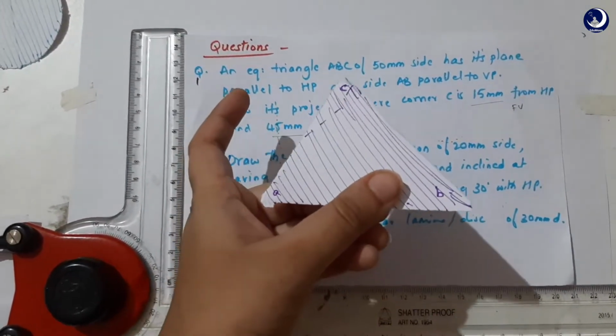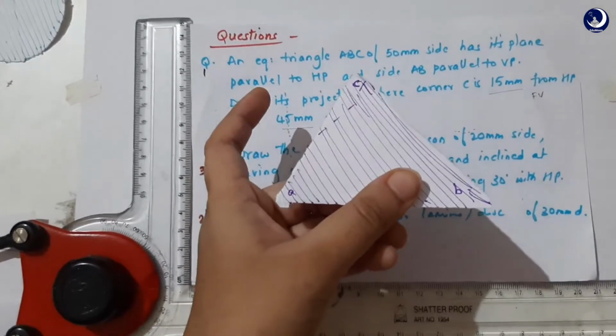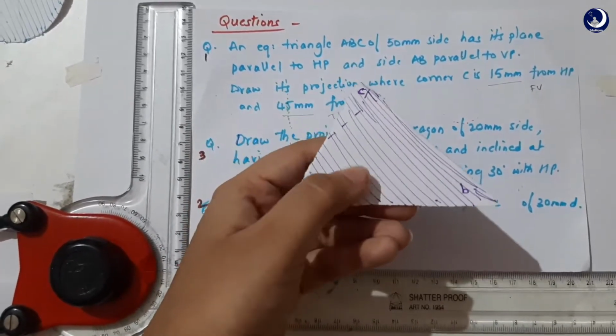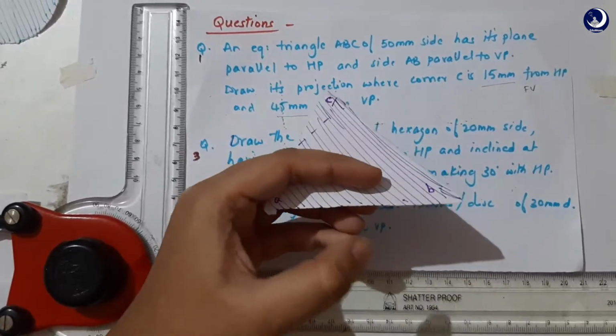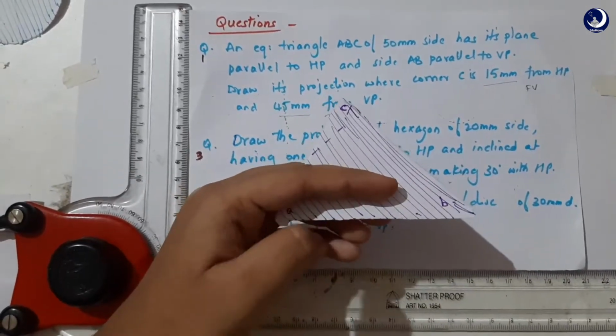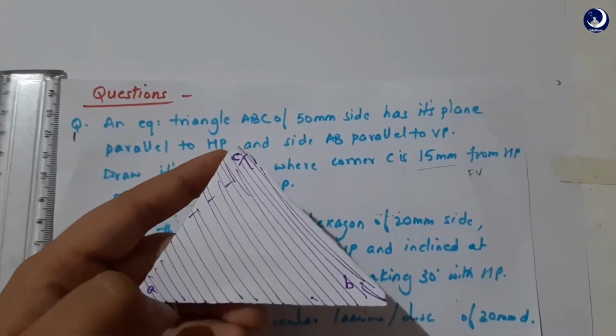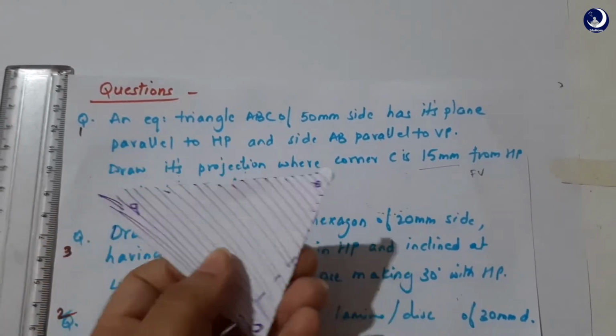So this is the position of the triangle, and in the top view you can see the entire plane, and in the front view you will be able to see only a line. So the triangle can be positioned either like this, because here AB is parallel to VP, or like this.